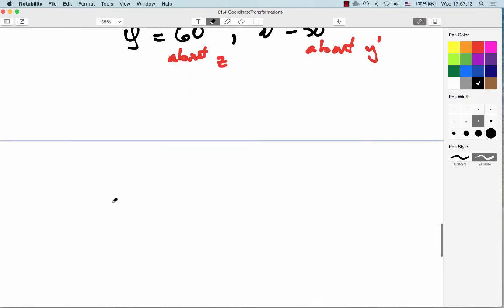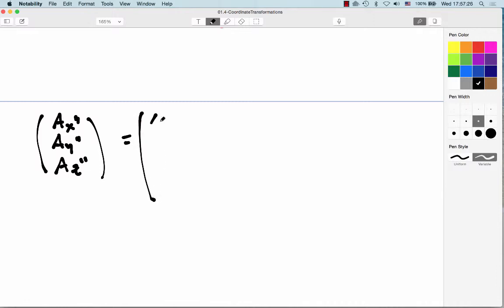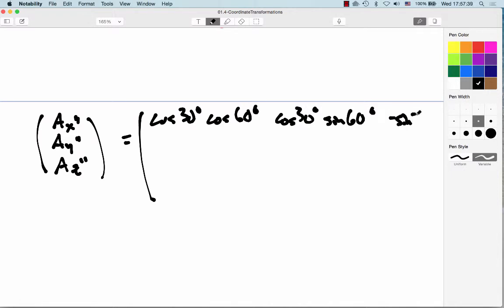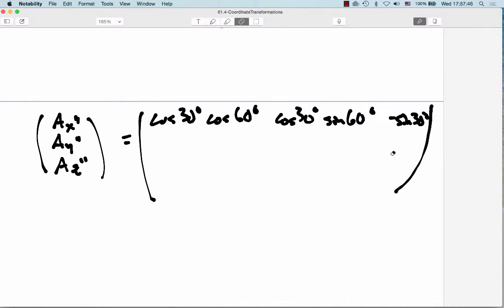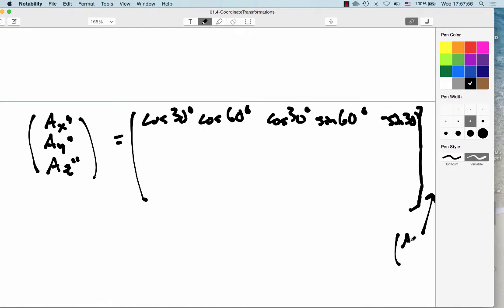So just to flesh that out a bit, this ax double prime, ay double prime, az double prime would be equal to a matrix with cos 30 cos 60, cos 30 sine 60, negative sine 30, times ax, ay, az, like so.